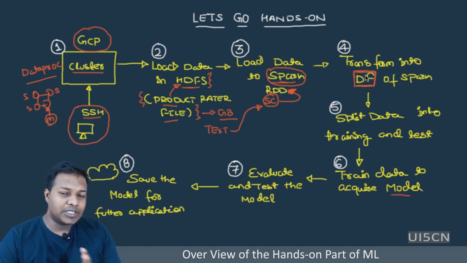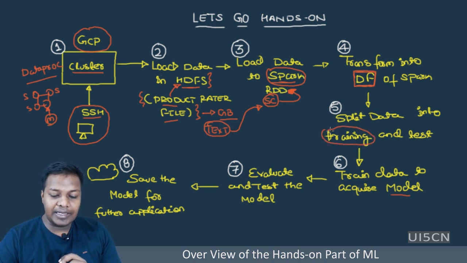More about the difference in the architecture is already covered, so I'm not going into the details. Once we have the data frame containing the text file data, I will split the data set into training and test data, most likely 80 to 20%. 80% would be utilized for training and 20% for testing.